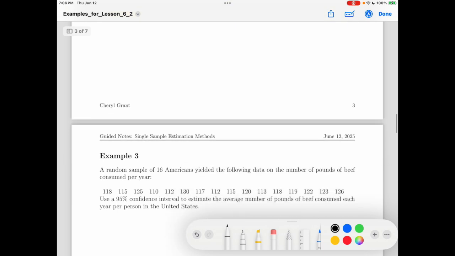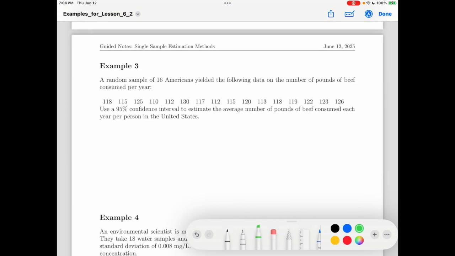Let's look at example 3. A random sample of 16 Americans yielded the following data on the number of pounds of beef consumed per year. Use a 95% confidence interval to estimate the average number of pounds of beef consumed each year in the United States. So we need to come up with a 95% confidence interval for a mean.